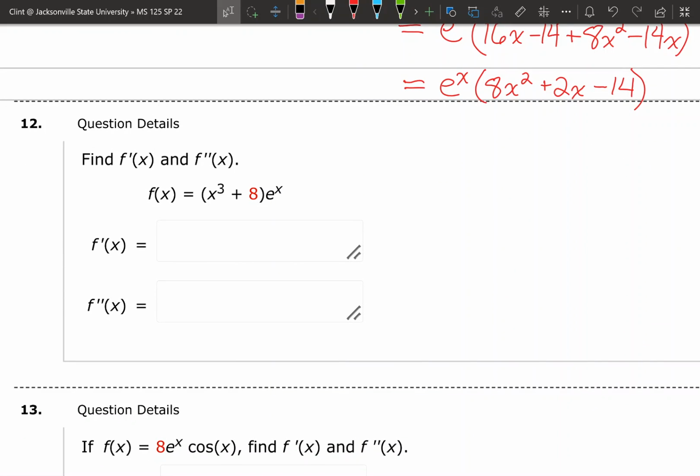And 12, similar type of problem, but not only does it want the first derivative, also wants the second derivative. Okay. So got product rule. And even if you distribute, you still have product rule involved.